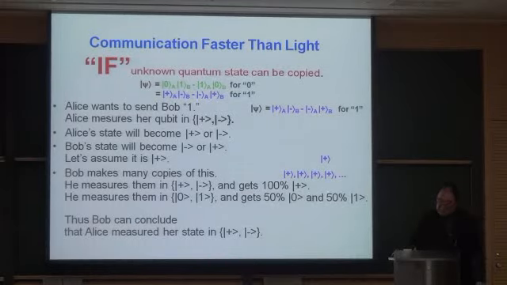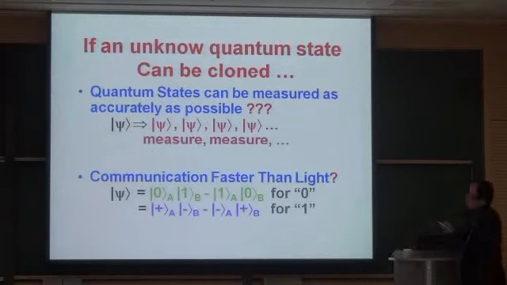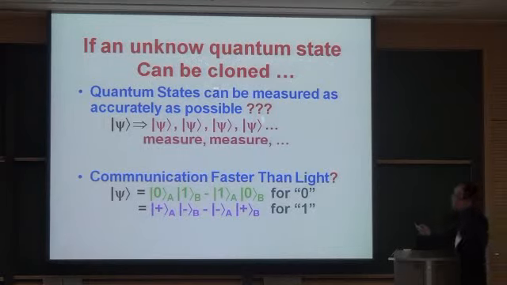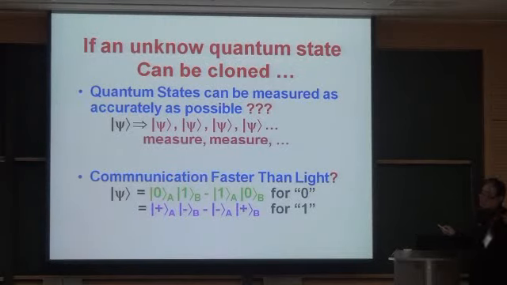But if an unknown quantum state can be cloned, there's a big problem. The two pillars of 20th century physics, quantum mechanics and the special theory of relativity, both of them will collapse. Because if quantum states can be copied, you can make many copies and measure a certain quantum state as accurately as possible.